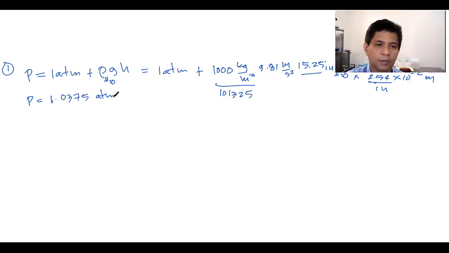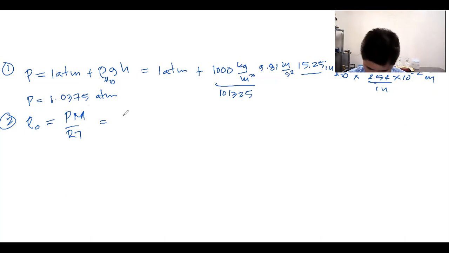Okay. So next, let's try to calculate the density of the gas, no? So the density of the gas is equal to PM over RT. This is the default equation, no? So the pressure, we have calculated it to be 1.0375 atmosphere.